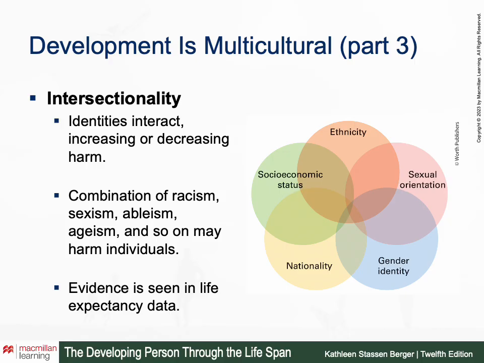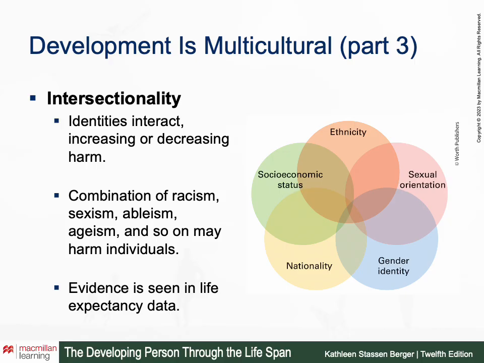When we're looking at this, it's important to remember that there is clear evidence in the data surrounding life expectancy that overlapping of too many marginalized groups, so a combination of racism, sexism, ableism, ageism, and so on, may harm individuals.